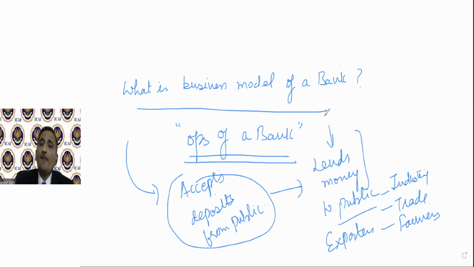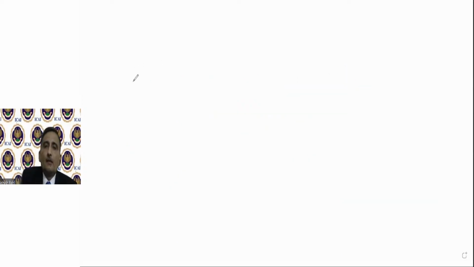So virtually every kind of loan banks are giving, but from where does this money come from? What is the main source of this money? So they are accepting the money from the public. So how does a bank accept money from the public?